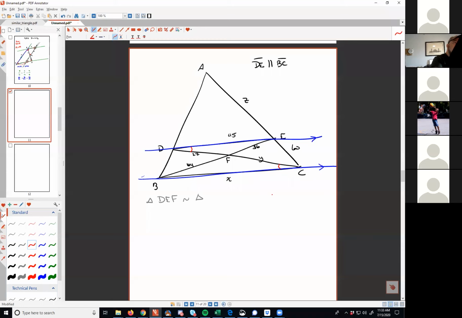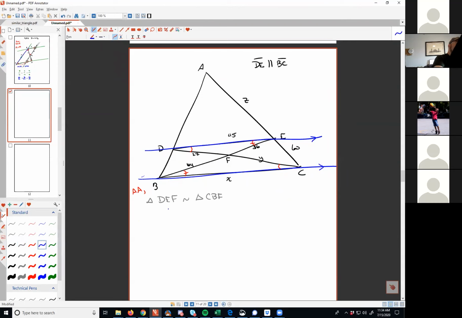That one and that one are alternate interior. That one and that one are alternate interior. Now by AA similarity, DEF is the same as CBF, right? It's not BCF, it's CBF. And that labels the vertices in the right order.